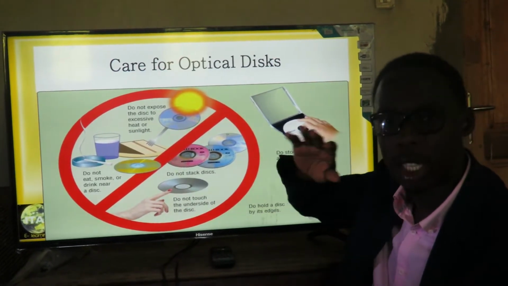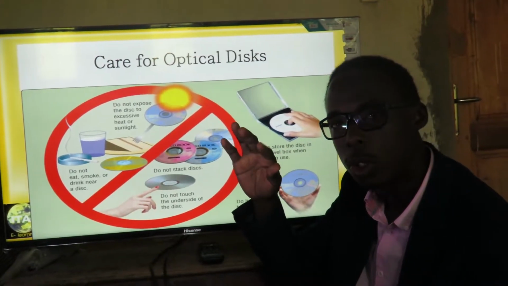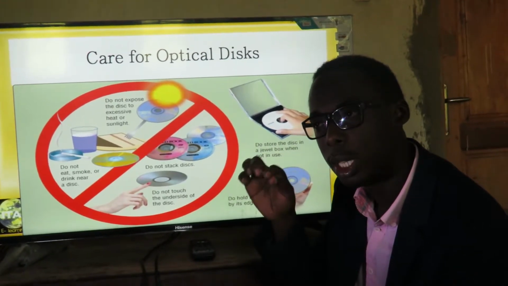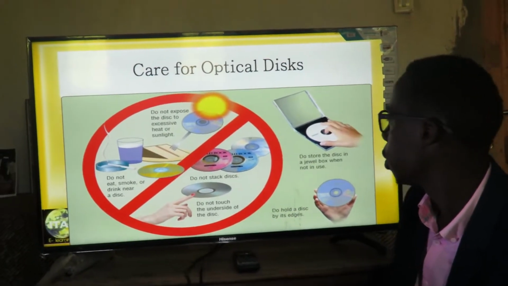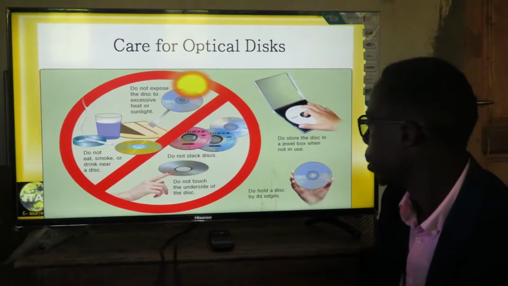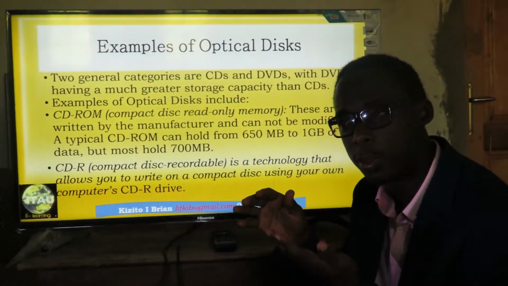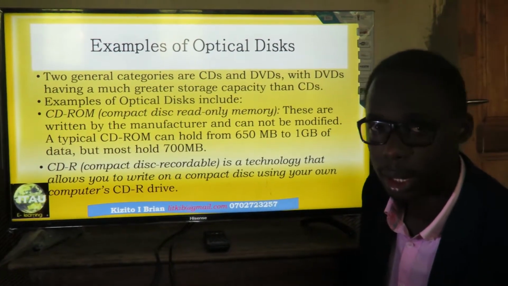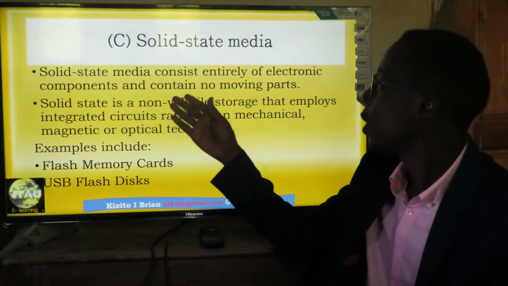Do not touch their shiny parts, because as you touch them, you will cause cracks there, and those cracks will not be easily read by the eye, therefore damaging the data that is stored there. Keep them in their protective boxes, the protective cases for those storage devices.